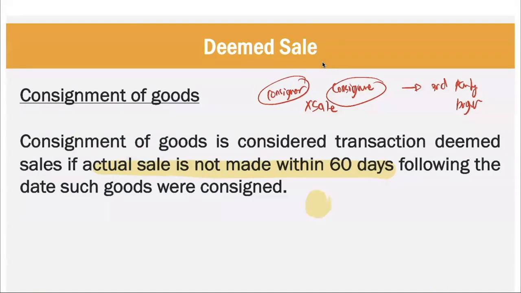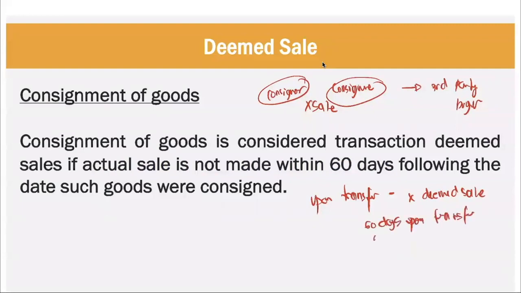Here, upon transfer, what did we say? It is not yet considered deemed sale. When is it considered deemed sale? 60 days upon transfer and it is still unsold. Okay? So if the actual sale is not made within 60 days following the date such goods were consigned.